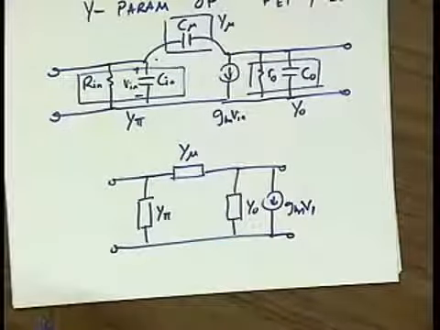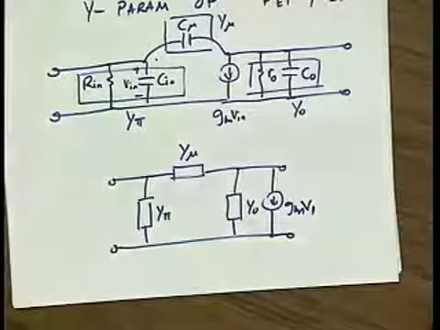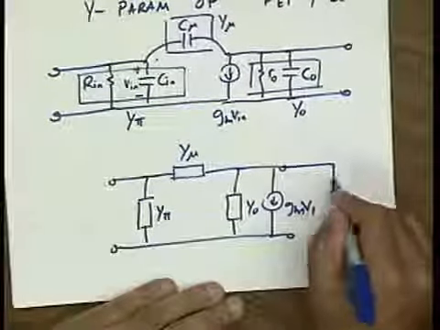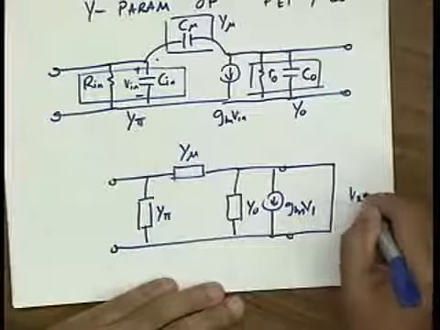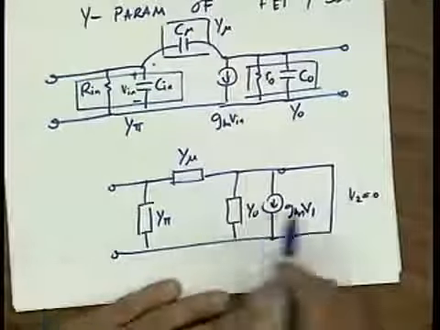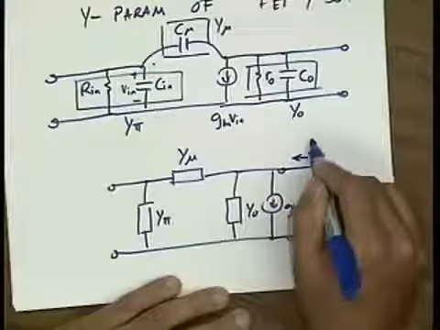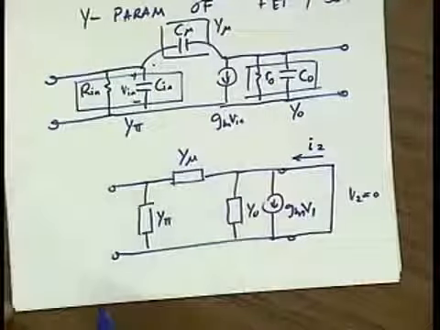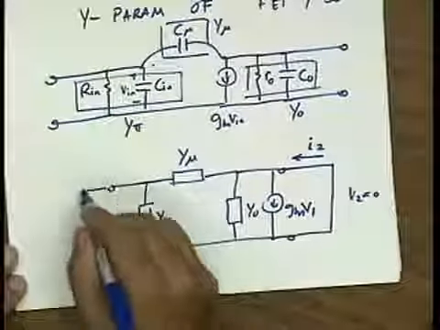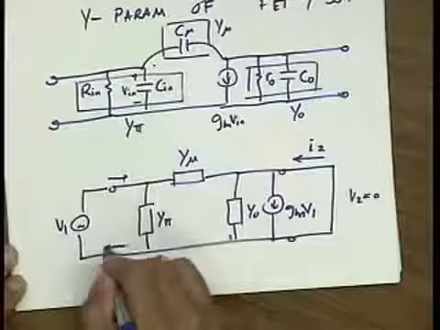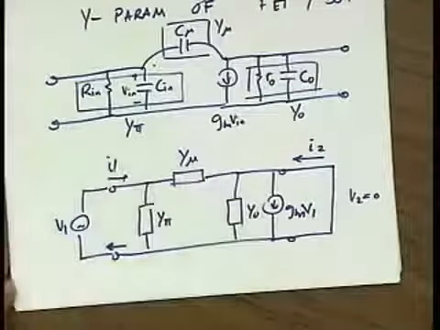Okay. So now, in order to find, let's say, Y11 for this circuit, remember we take the output and we short circuit it. So V2 is equal to 0. And that means all the current of this generator here will flow into I2. In other words, if I now connect the voltage source here, V1, I'd like to know the current I1.